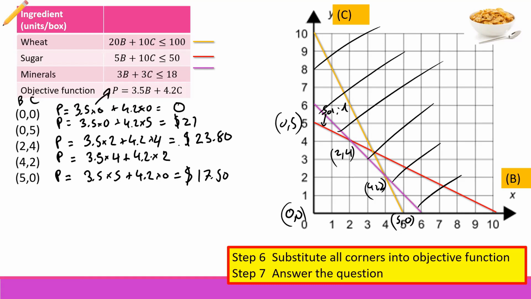So 3.5, and I'm literally putting this straight into the calculator, plus 4.2 times 2. Oh, come on, what happened? 3.5 times 4 plus 4.2 times 2 gives you $22.40.